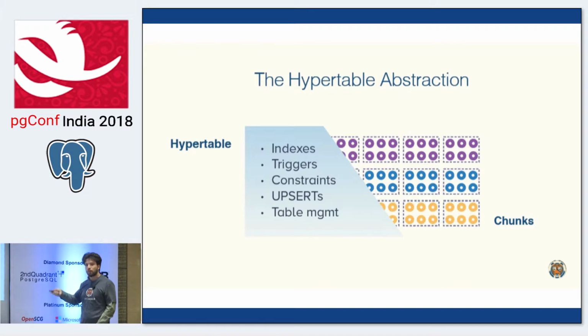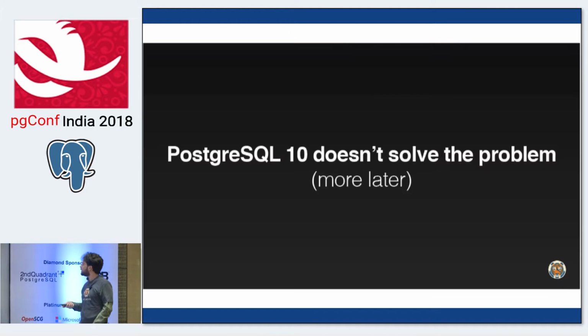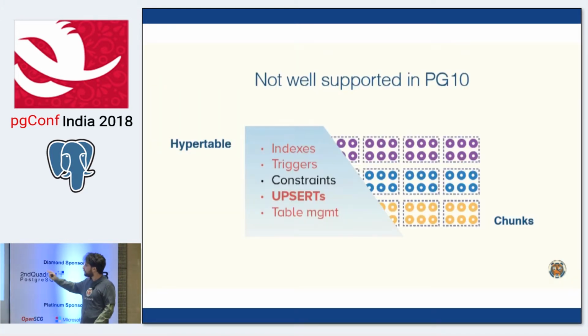You might say, well, we have something like this with Postgres 10 partitioning, but it turns out that if you have Postgres 10 partitioning and you try any of these things in the red on the parent table, they do not propagate as you would expect to the child tables. So there's a lot of manual work involved in doing this.